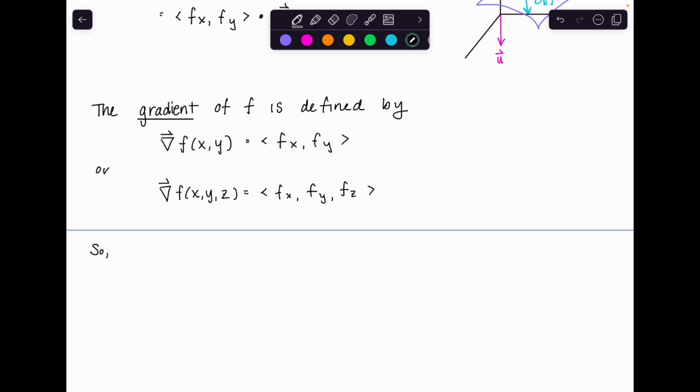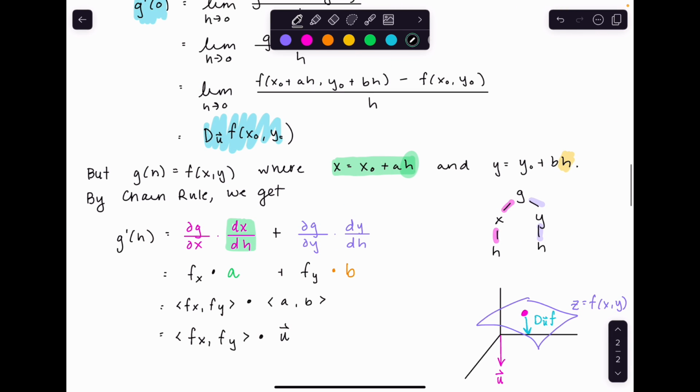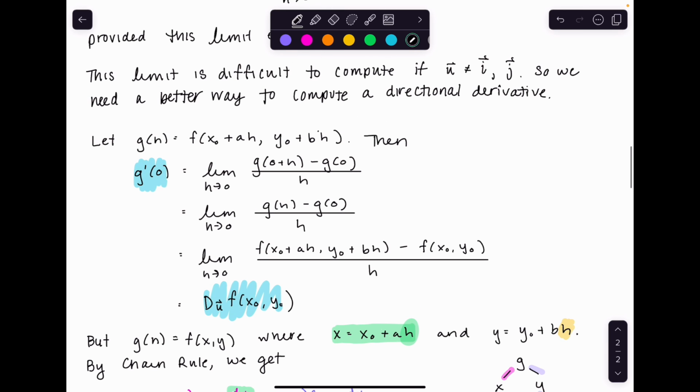So as a final tie-in, we know g prime of h is going to be this gradient vector dot product with u. Okay. And then based on our expression for g, this is the partial with respect to x, and those components are exactly way back up here.